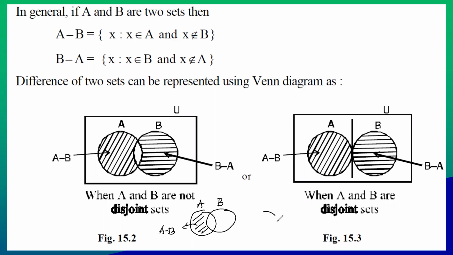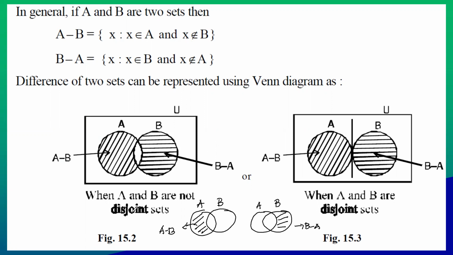For B minus A, okay, ano naman ang mga elements ni B na wala kay A? Ito lang part. This is B minus A. So we can conclude that A minus B is not equal to B minus A. Okay?